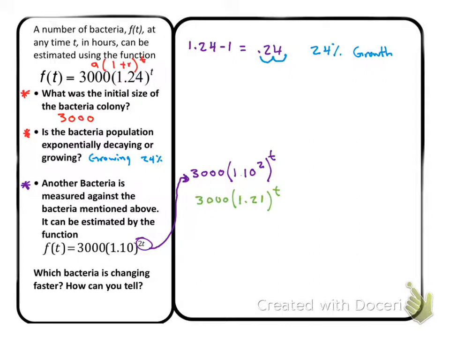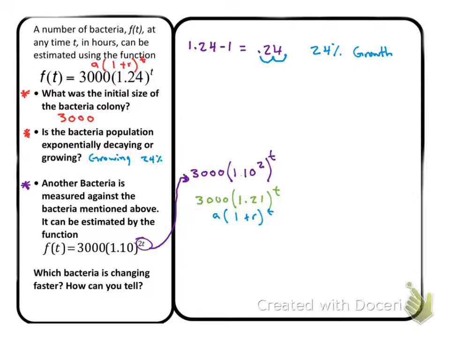Now, just confirm. Look at your exponent. It's just t by itself. So now we can use our formula to find what the rate is for this one. So remember, this is a times 1 plus r to the t power. And again, to find the rate, it's within that parenthesis there.